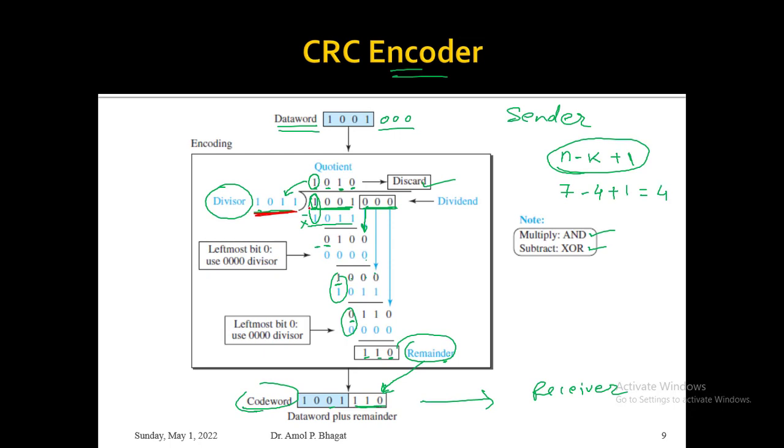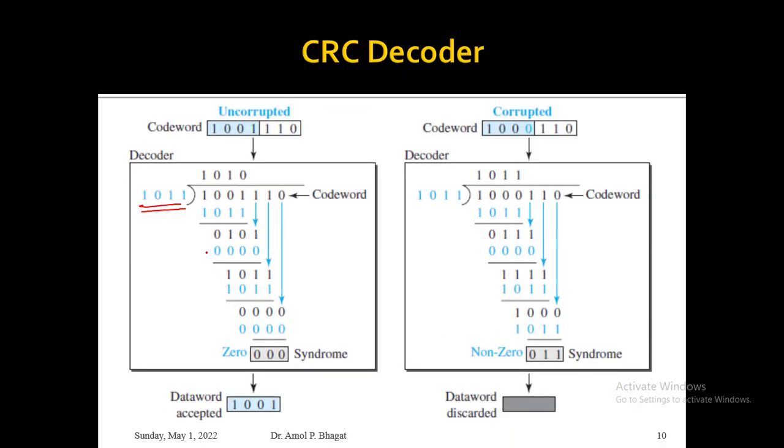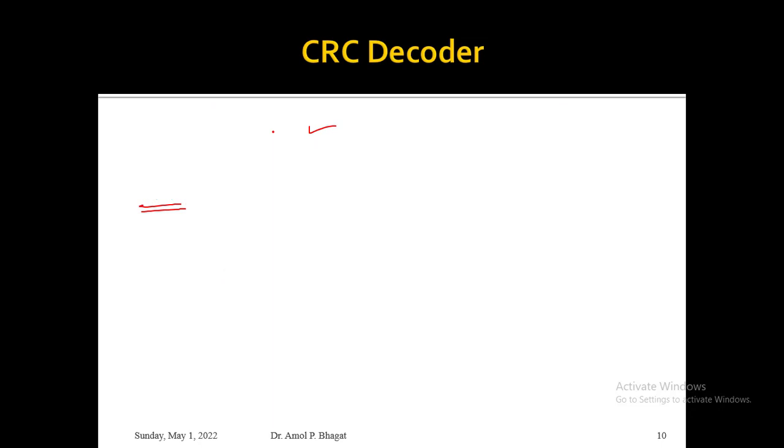So 1011 was the divisor used by the sender for computing the code word, and the same divisor has been used by the receiver here. Now here two cases have been taken. One, the code word has been received as it is. As you can observe there, 1001110 was the code word, right?